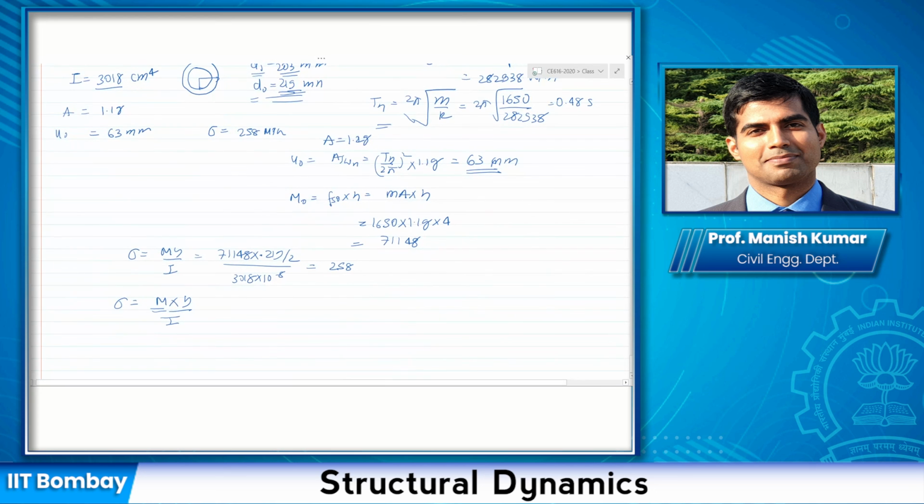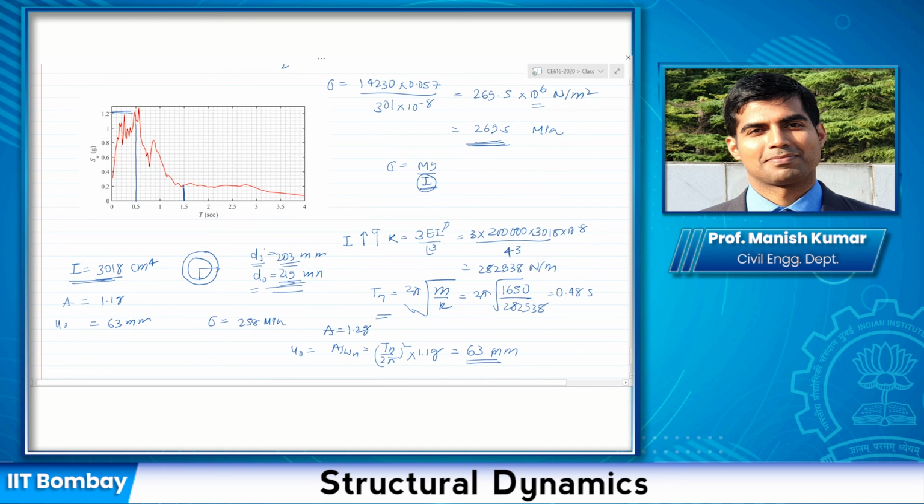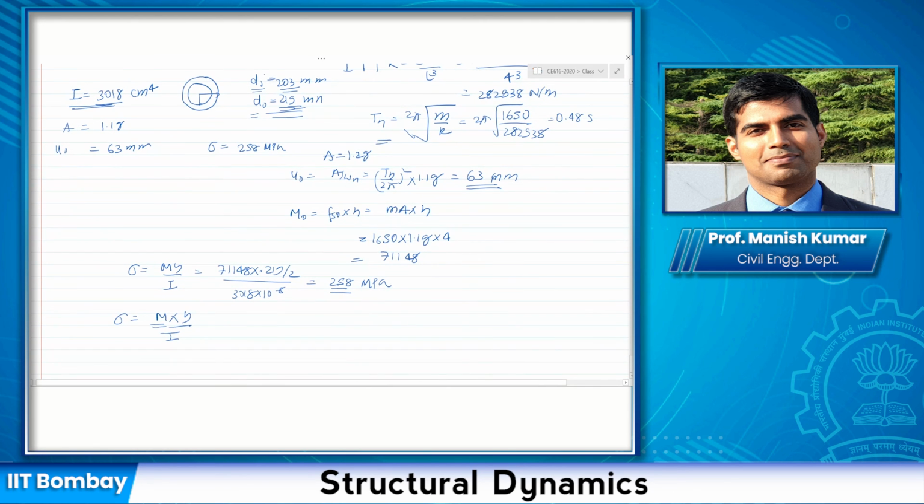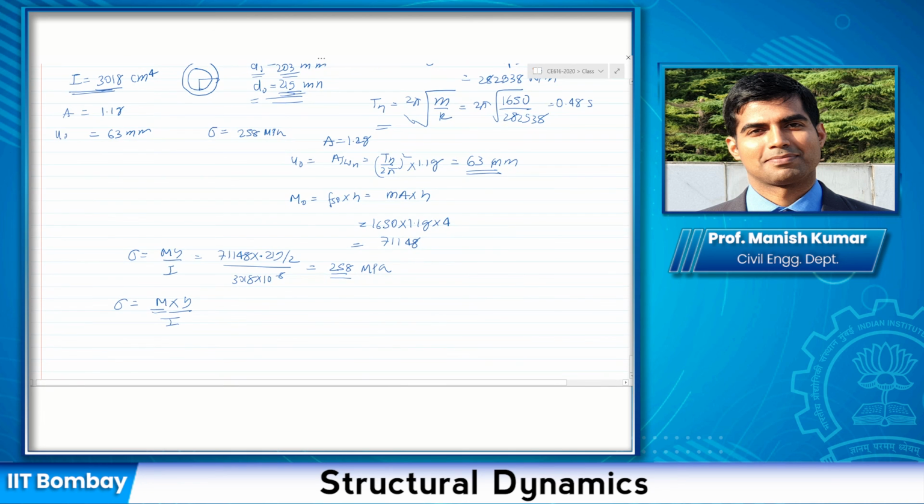And although I change my moment of inertia to around 10 times, this has only become approximately 260 MPa. And if I had read that just a little bit around here, which is around 1.2 g, the stresses would have even increased.